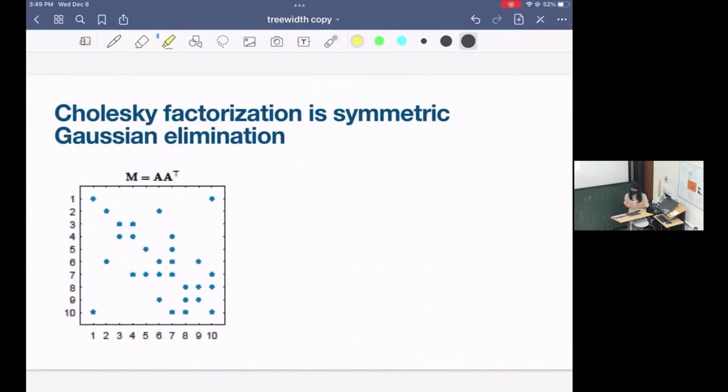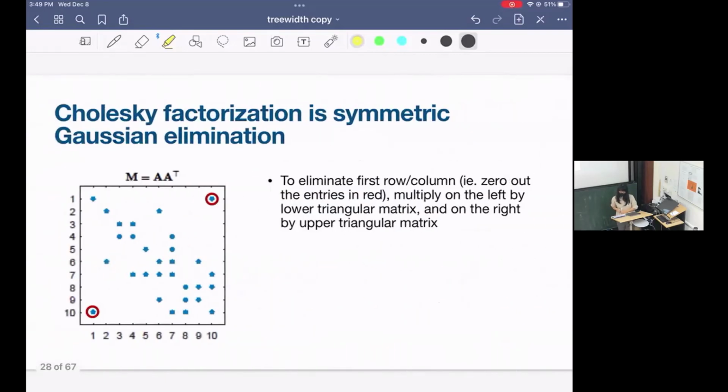And just for those of you who don't know, Cholesky factorization is actually just doing symmetric Gaussian elimination in a matrix. So here, for example, I have this matrix A transpose, which is symmetric positive definite. Say I want to eliminate the first row and column, which means that I want to zero out these entries circled in red.